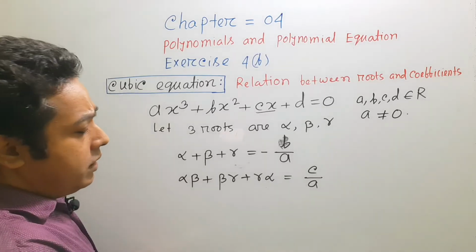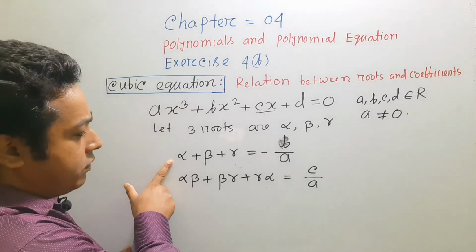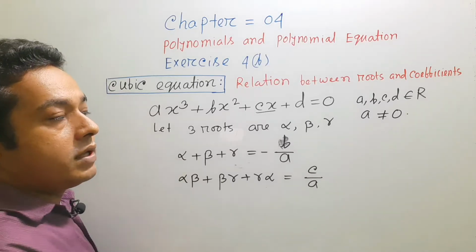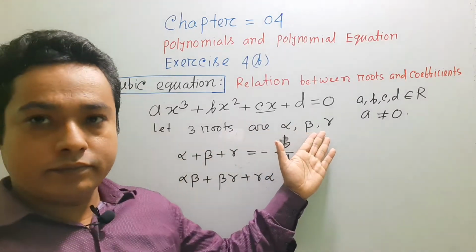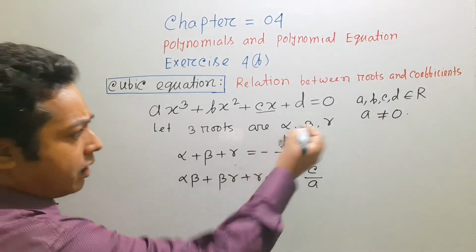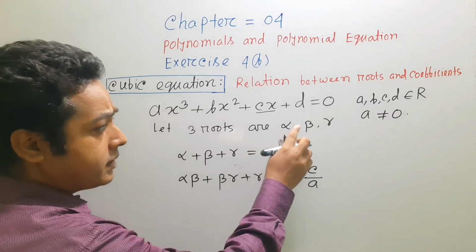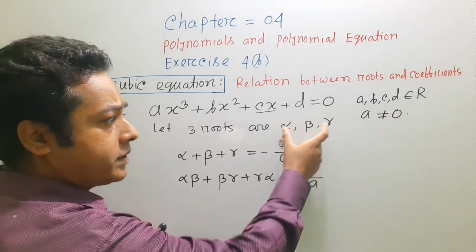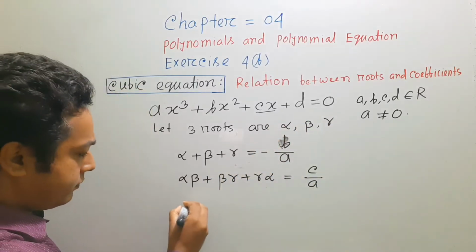Now we have sum taking one root, sum taking two roots, and now sum taking 3 roots. Taking 3 roots is one time, which is alpha beta gamma.